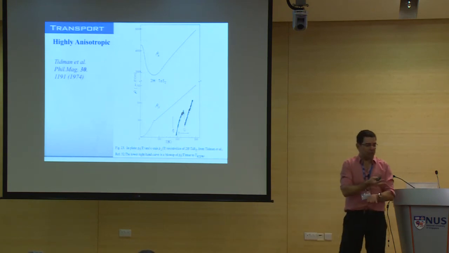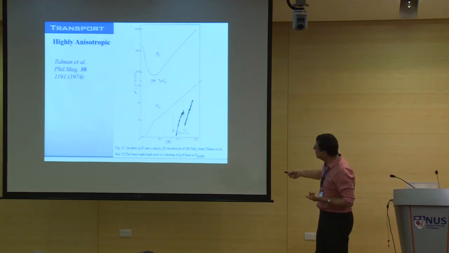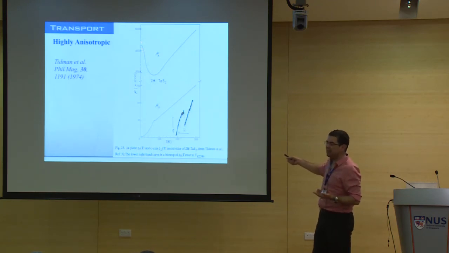So essentially, in the charge density wave, the resistivity out of plane is huge. So you see, this is the scale you can see. Here is 50 micro-ohm centimeter. This is 4,000 micro-ohm centimeter.